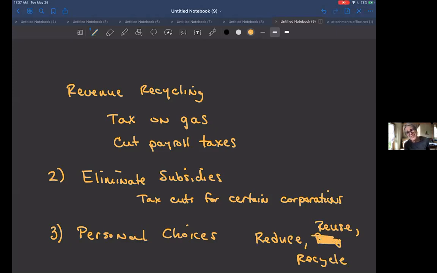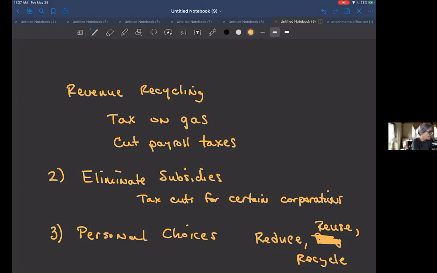So reuse is kind of questionable, especially if you're talking about vehicles, because sometimes with those vehicles, you have to weigh the efficiency if they're old vehicles against the cost of getting a new vehicle. So it's like balancing those things. And then recycling is actually the last thing. So the best thing you could do is reduce.